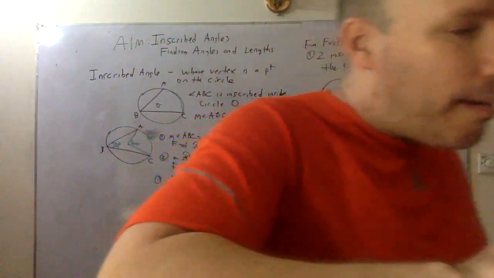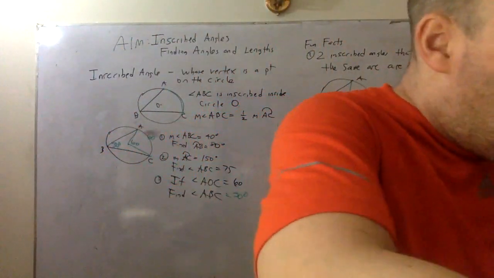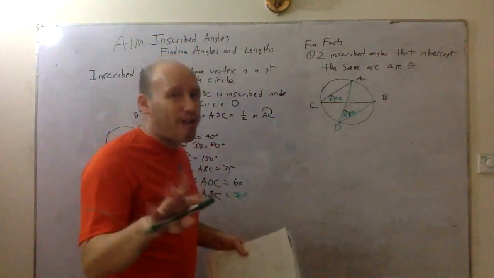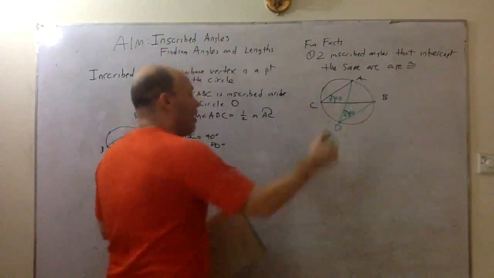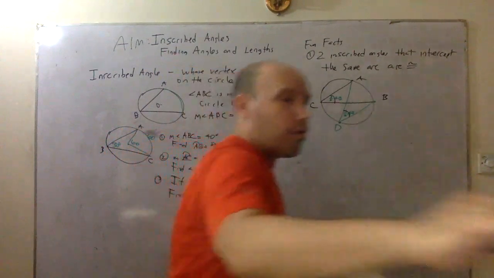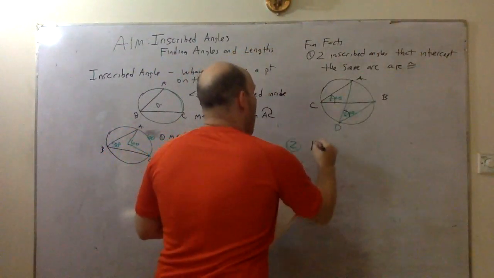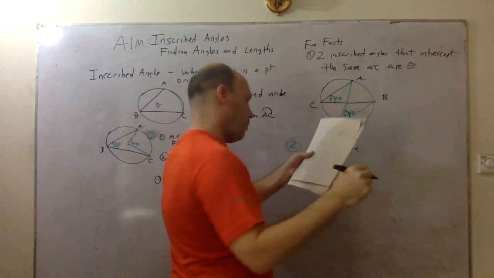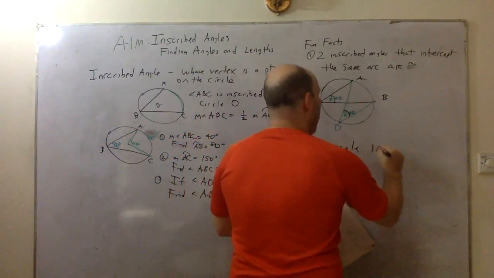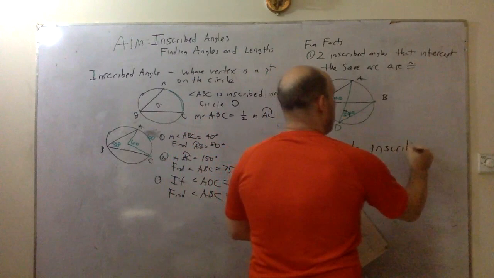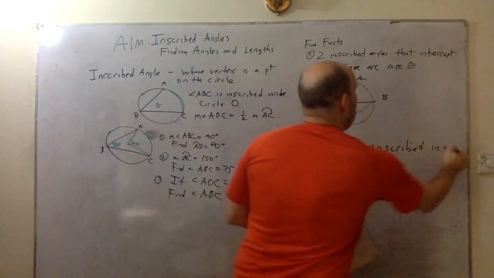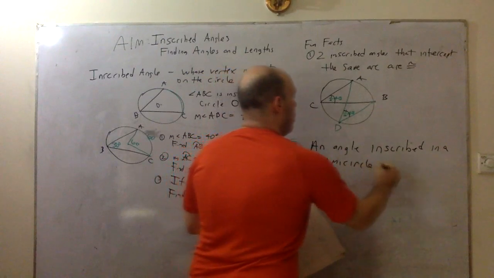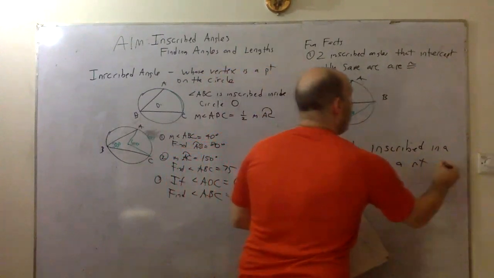Number 2, an angle inscribed in a semicircle is a right angle. This is so awesome. Like, this is the coolest thing. Oh, I don't want green, I want black. An angle inscribed in a semicircle is a right angle.